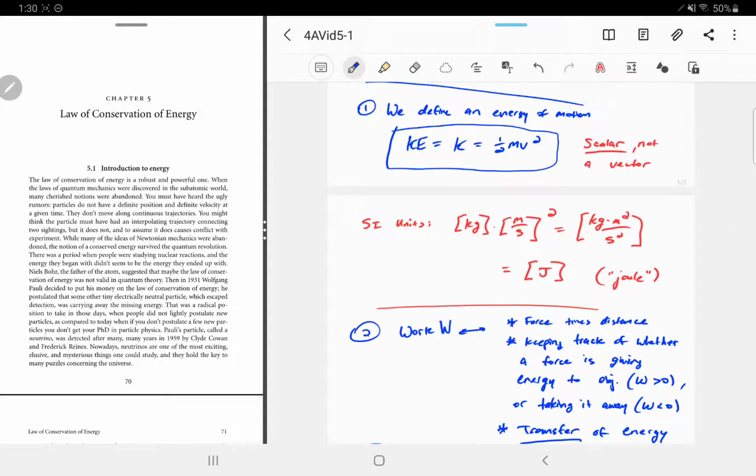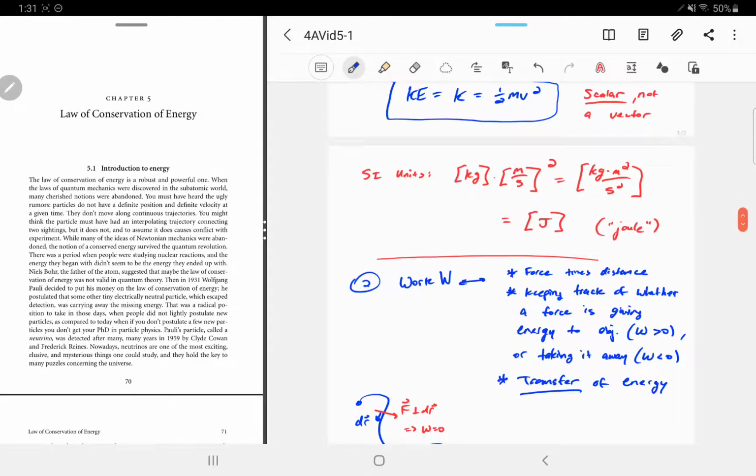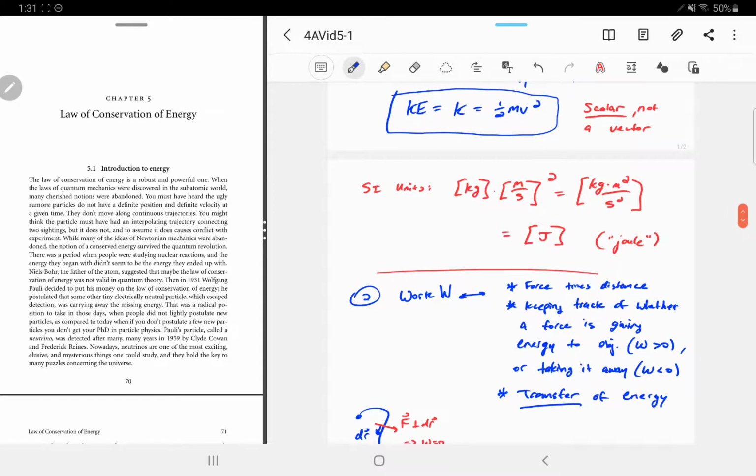You can't say, I'm going to give my friend 3 newtons of force. No. Remember, force is an interaction. Energy is different in that it is a quantity that you can give and take to an object. An object has a certain amount of kinetic energy. You can give that object energy by doing positive work on it, or you could take away some energy from that object by doing negative work on it.